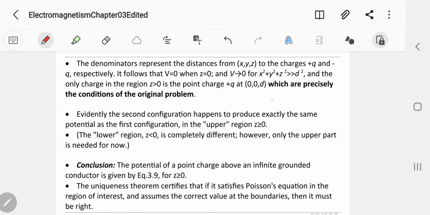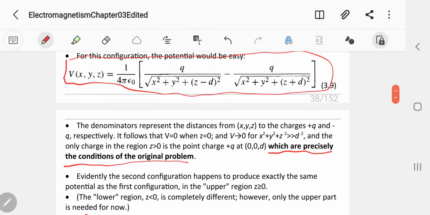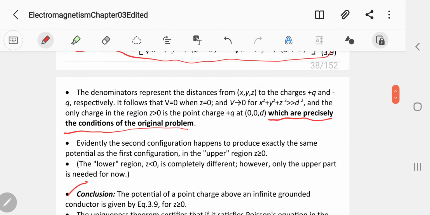I've just said earlier that those are precisely the conditions of the original problem that have been satisfied by the potential. So, by the uniqueness theorem, we conclude that the potential of a point charge above an infinite grounded conductor is given by 3.9, this one.